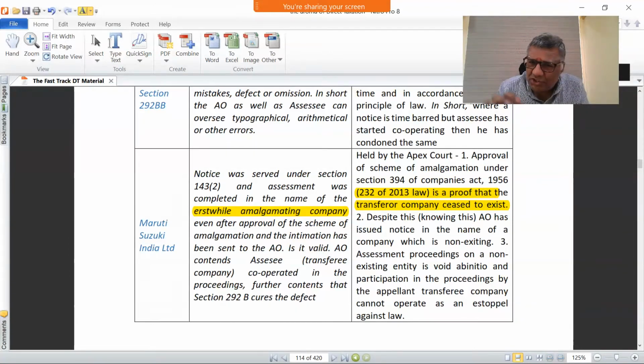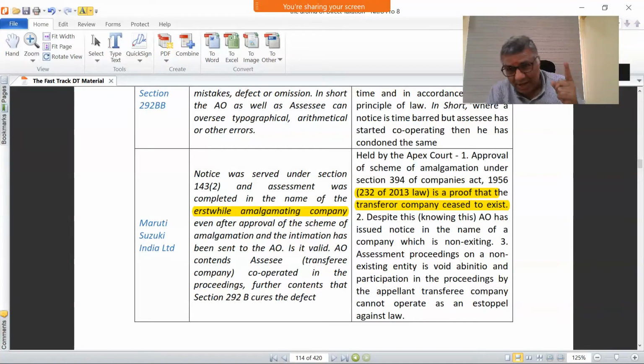Assessment proceedings on a non-existing company are void ab initio, and participation by the transferee company cannot cure the defect. When you know that the person itself is not there, you should have issued the notice to the transferee company. So it is not applicable.